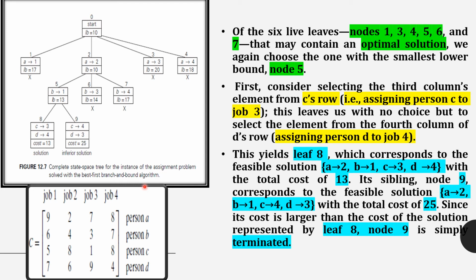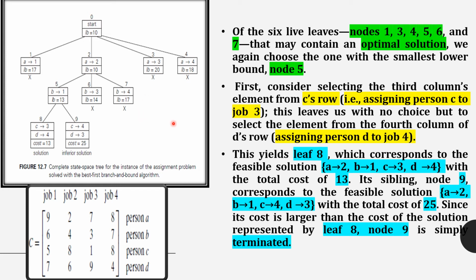So here in the state space tree you can see, out of 6 live leaves, node 1, node 3, node 4, node 5, node 6 and node 7 may contain an optimal solution. We again choose the one with the smallest lower bound, right?